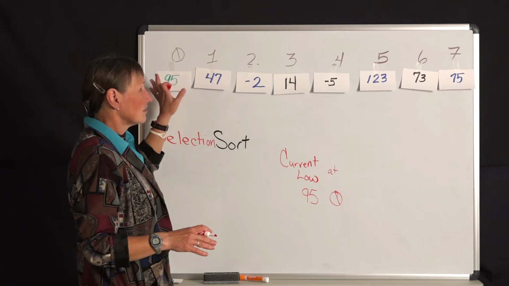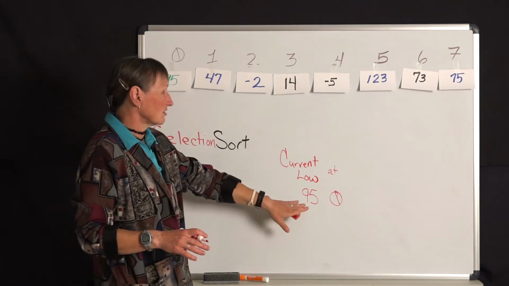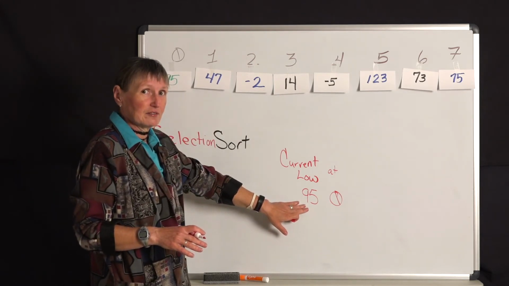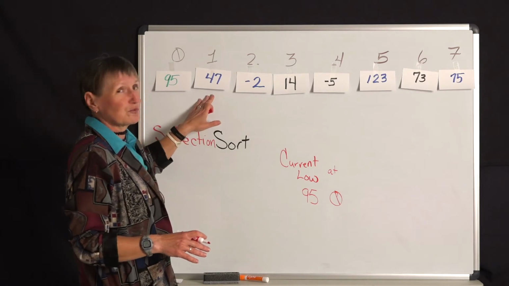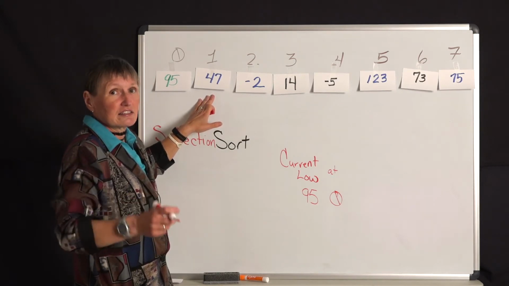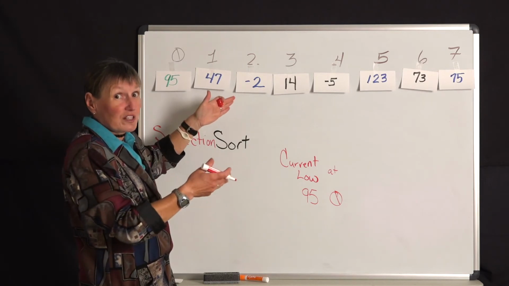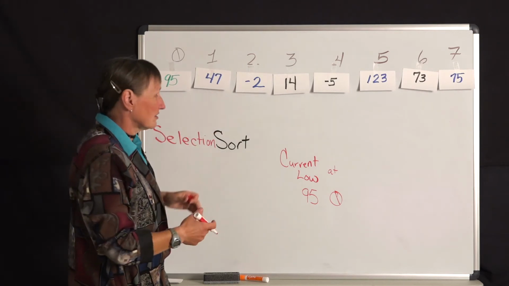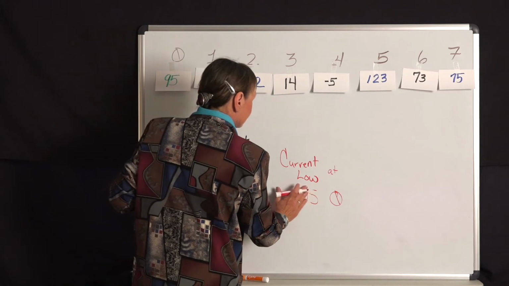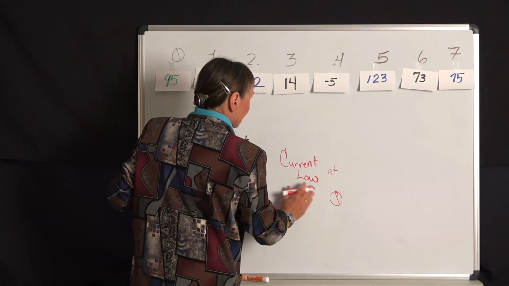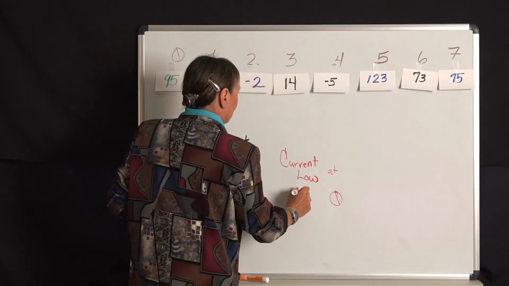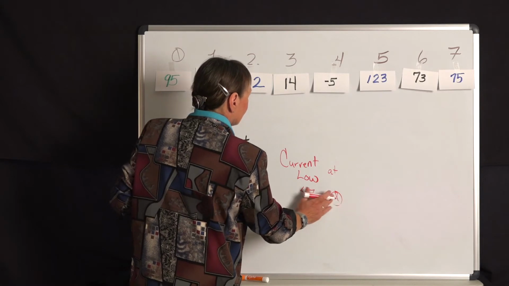Now, I'm going to take our current low value, 95, and compare that to 47. And yes, if we had an audience here, they'd all be saying 47 is lower. So we would go here, scratch out the 95, and put 47.